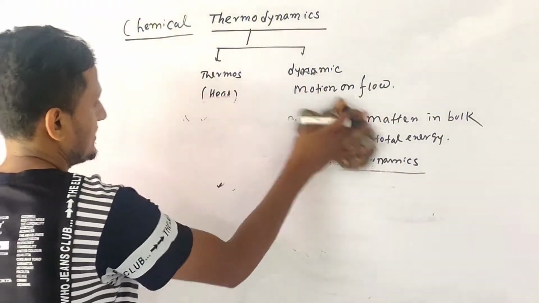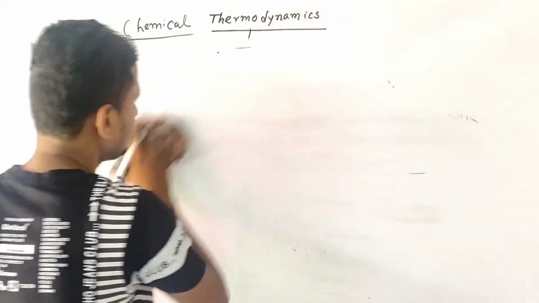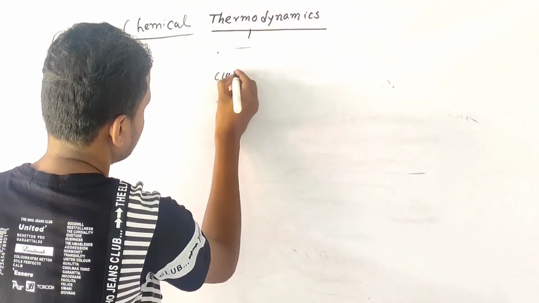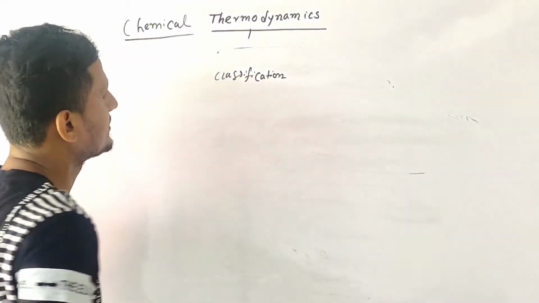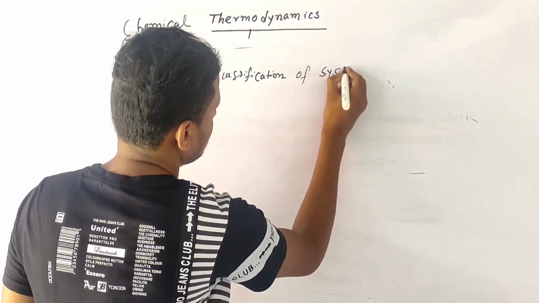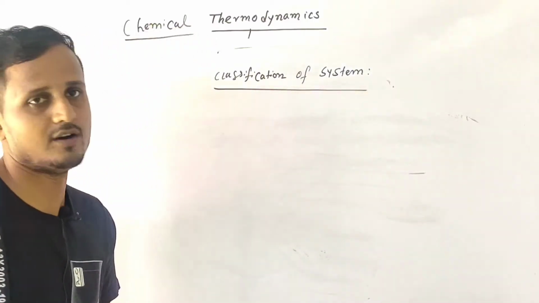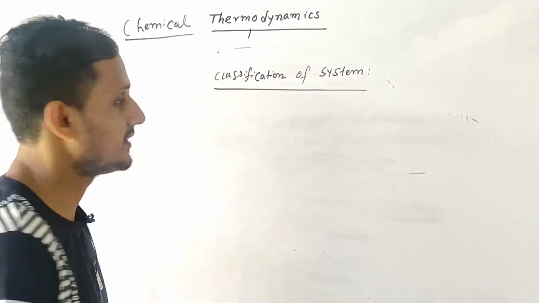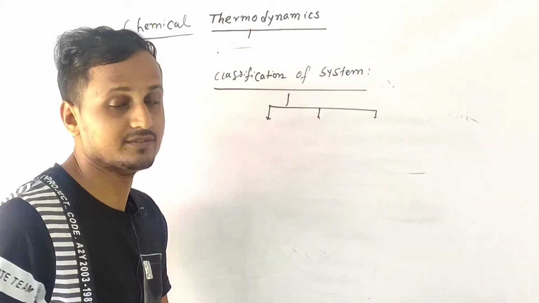Now we will classify the system. Classification of system. System can be classified in three ways. These are very important terms.